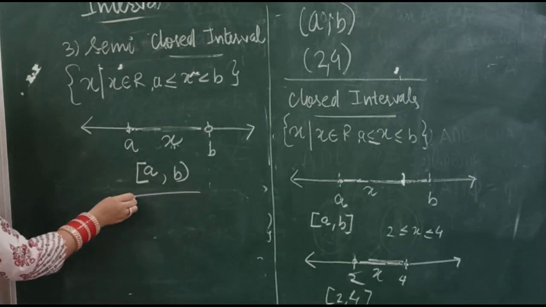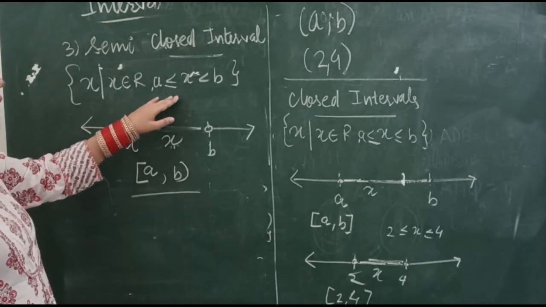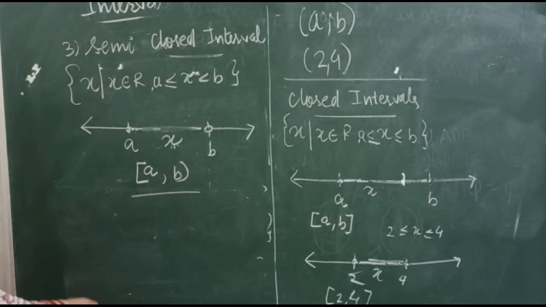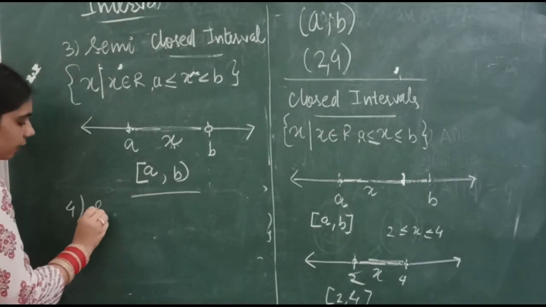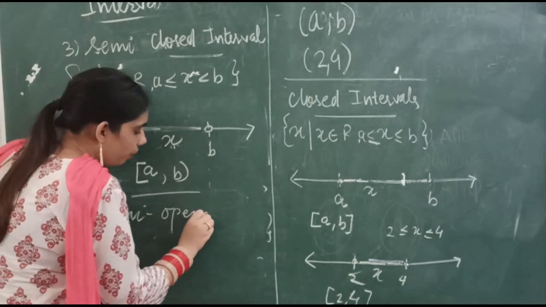It will represent that it is closed at a. That means I will include a in x, but I will not include b in x. So the fourth one is semi-open.